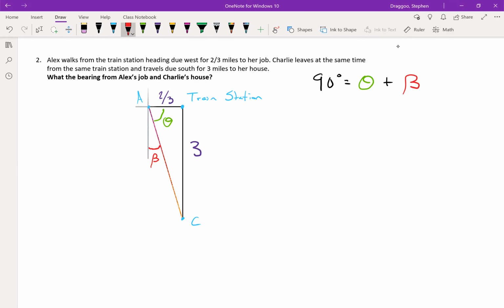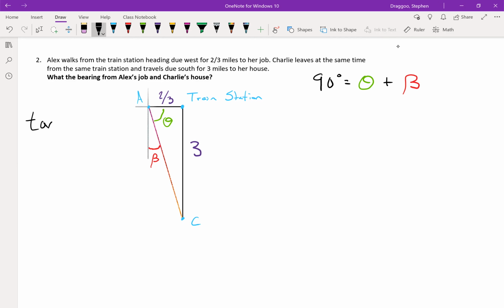We should be golden. And theta is an angle that's relatively easy to solve for since it's inside of a right triangle. So looking at what I've got, an unknown angle theta, I know my opposite side and I know my adjacent side.